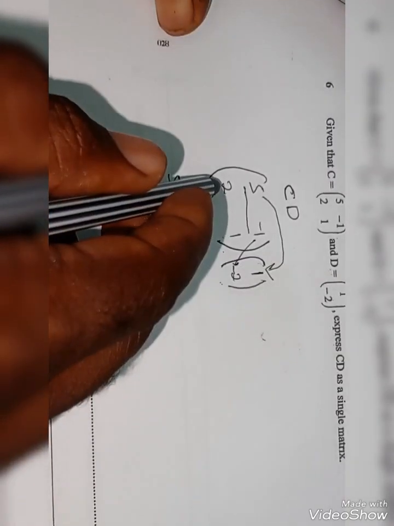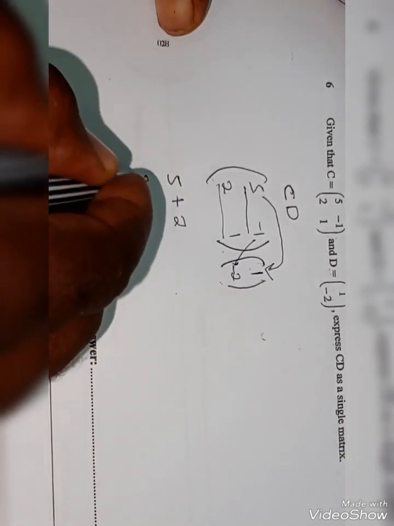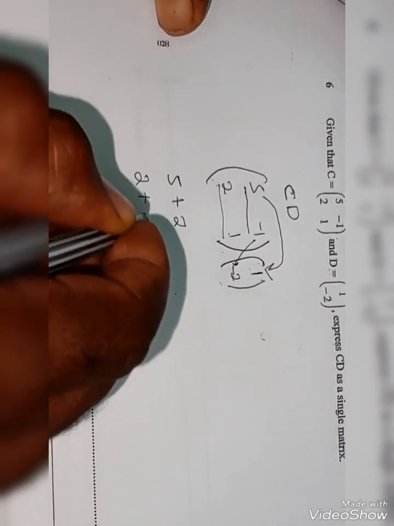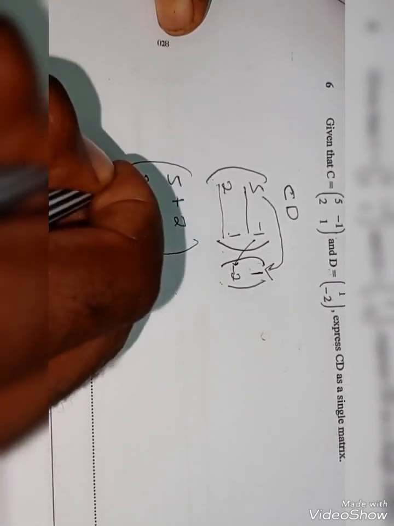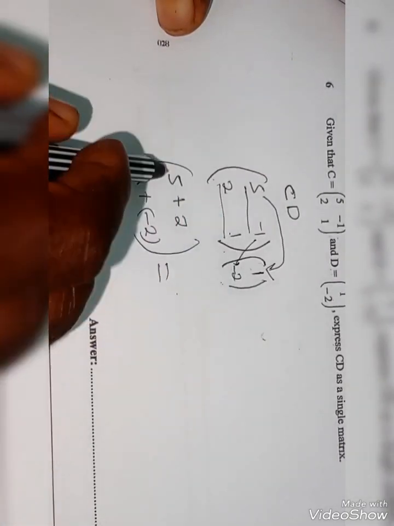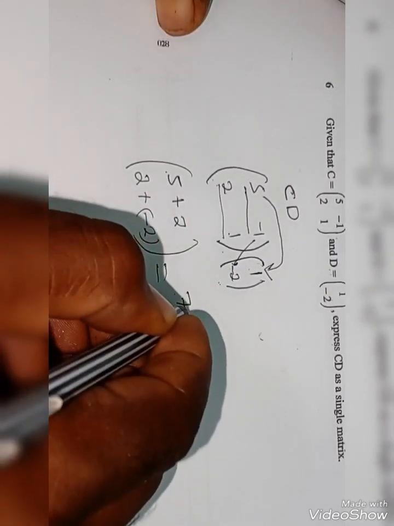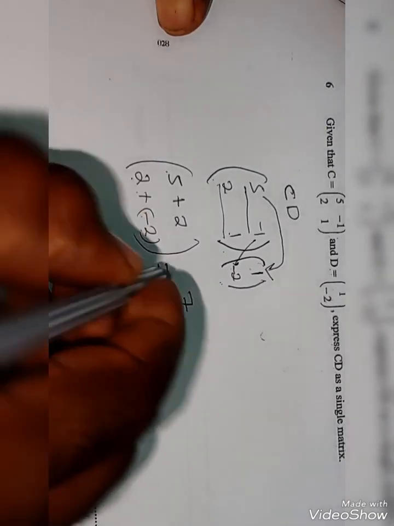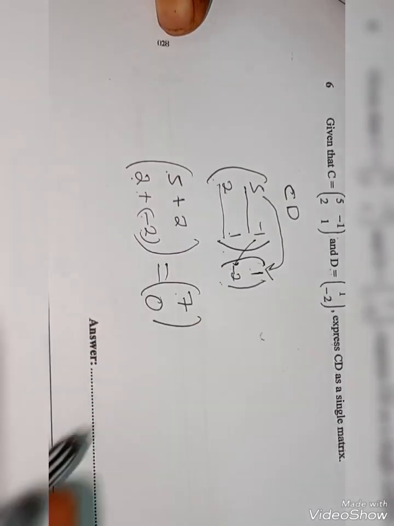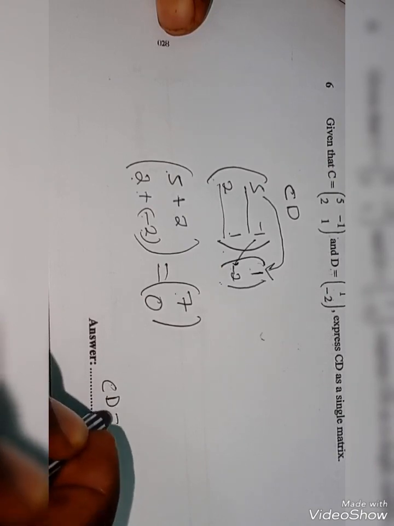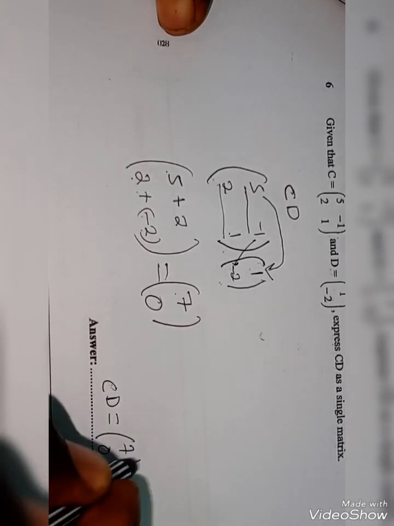Then we come to this row. 2 times 1, which is 2, plus 1 times negative 2, which is negative 2. So from there we add: 5 plus 2 is 7, 2 plus negative 2 is 0. So matrix CD is equal to 7, 0.